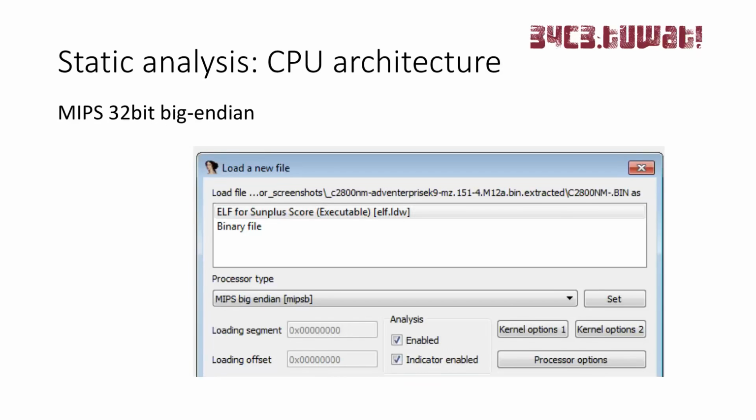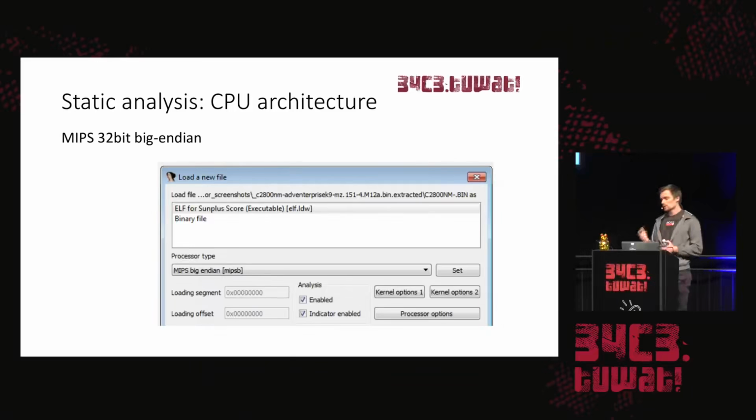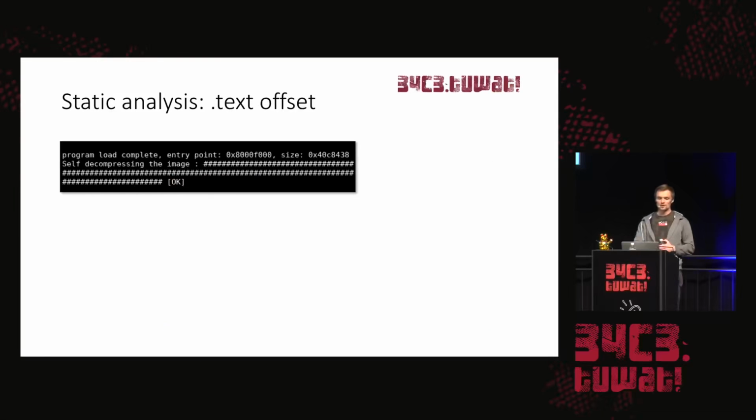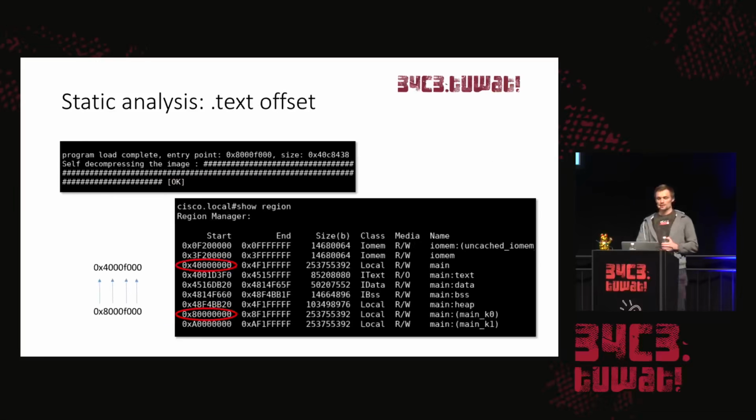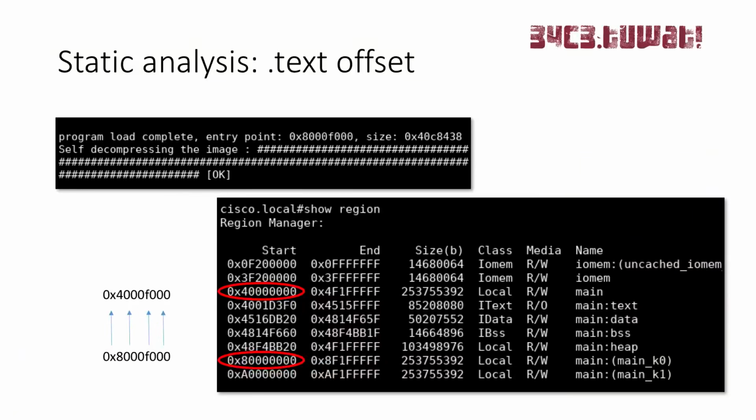You load the result of unpacking with binwalk into IDA Pro. You have to change the processor type to MIPS 32-bit big endian, and we know that this is MIPS because we saw the registers. These registers tell us that it was indeed MIPS architecture. One thing I want to note: the actual firmware gets loaded into address 800F00, but the program counter is located at address 4, and this is because IOS, when it loaded the firmware, maps the memory to 400F00.